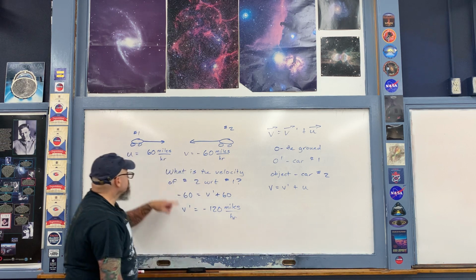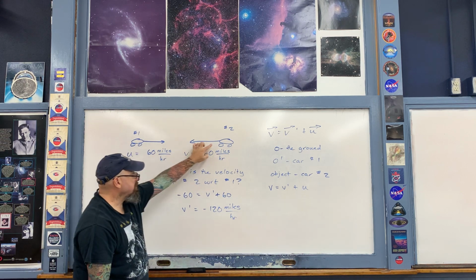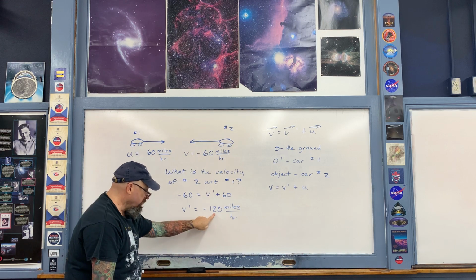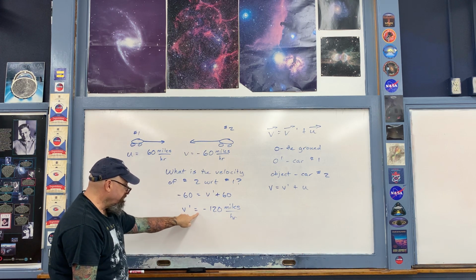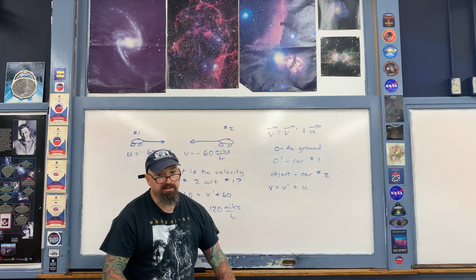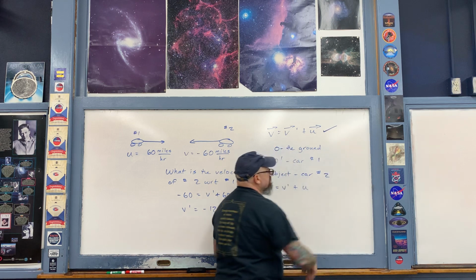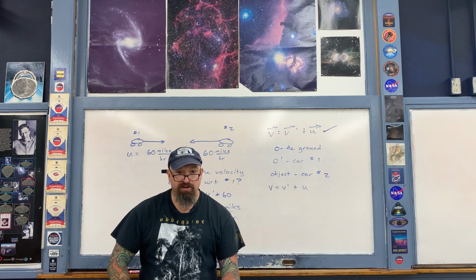In other words, if you're in car number 1 and you look at car number 2, you see car number 2 moving towards you at 120 miles per hour, but the vector itself points to the left-hand side, hence the negative sign.